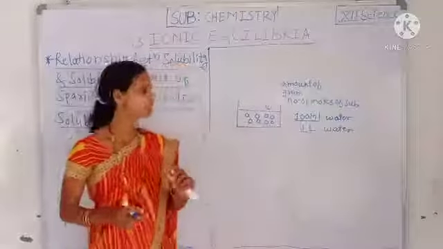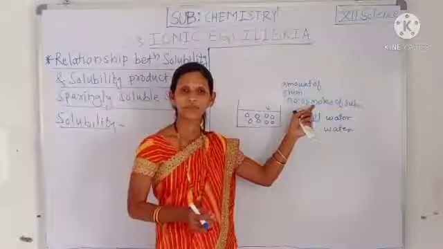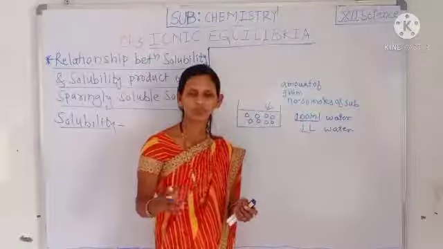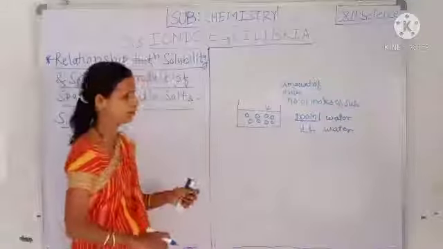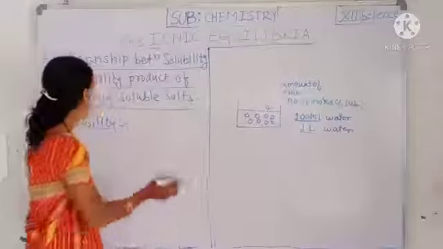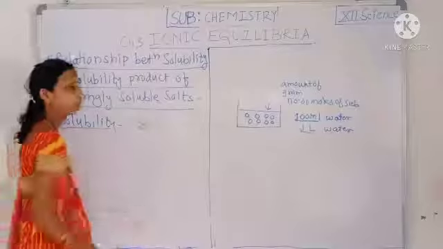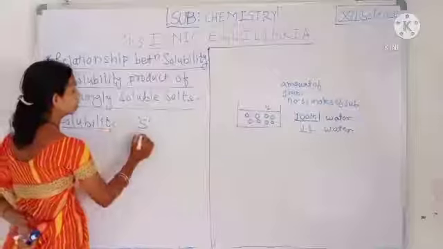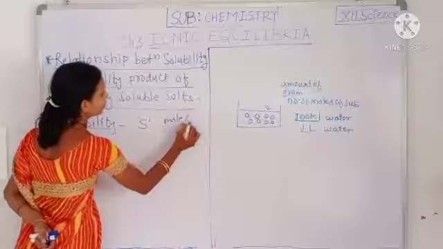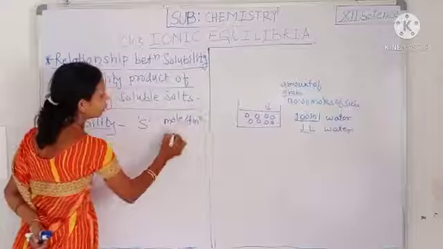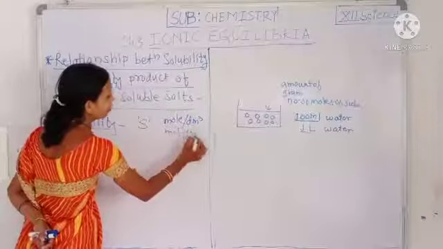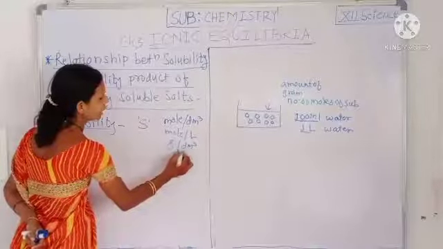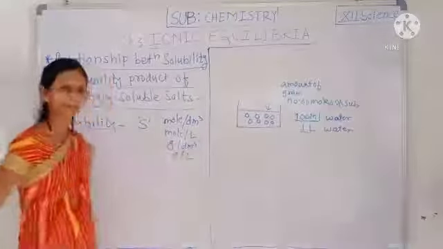Therefore, solubility is the amount of substance dissolved per unit volume of saturated solution. Solubility is denoted by small s, and its unit is mole per dm cube, or mole per liter, or gram per dm cube, or gram per liter.